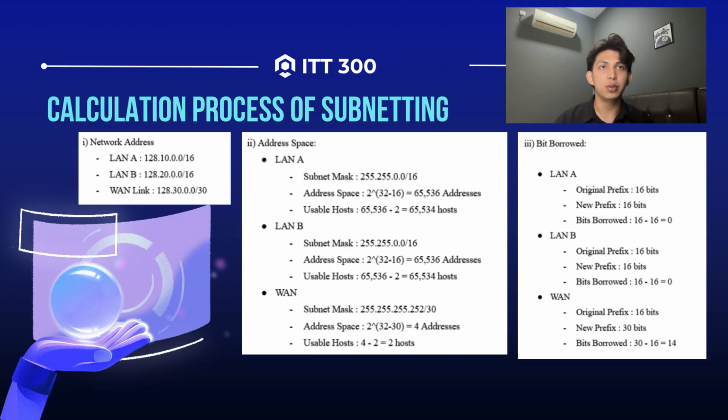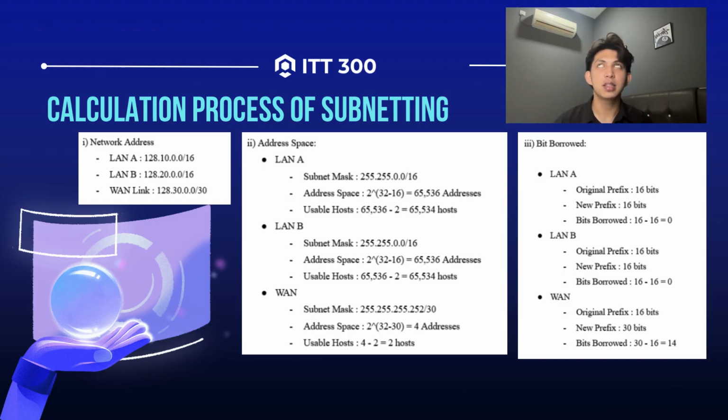So in column 2, we look at the address space. For both LAN A and LAN B, we utilize a default class B /16 prefix length, which uses the subnet mask 255.255.0.0 using the formula 2 to the power of 32 minus 16.